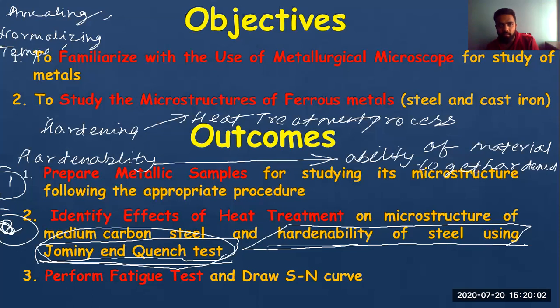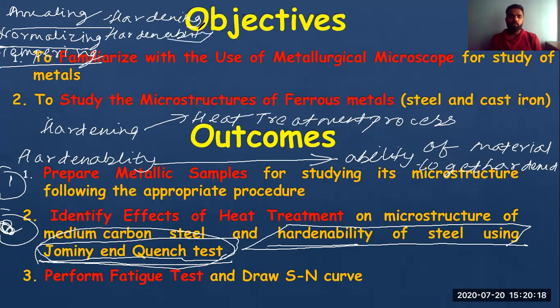So you will get a lot of experiments here. You can have normalizing, annealing, tempering, hardening, and hardenability by using the Jominy end quench test. I hope you're getting what I'm saying. There will be many experiments. We will see which experiments are there in your syllabus from outcome number 2.